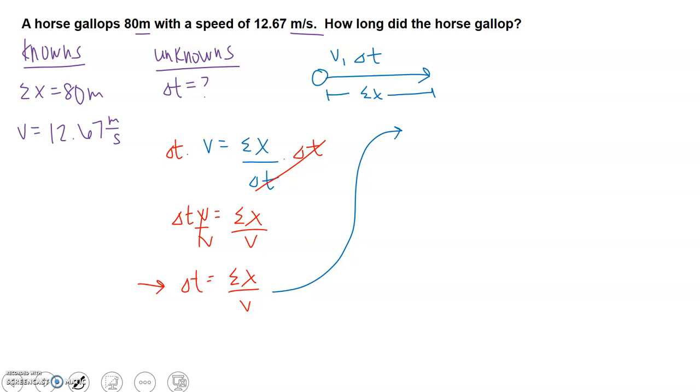The next step is to put in the known values with units. So I look at my knowns and I say, okay, distance is 80 meters. Notice how I'm keeping that m for meters. You must include the units. Divided by speed, 12.67 meters per second.